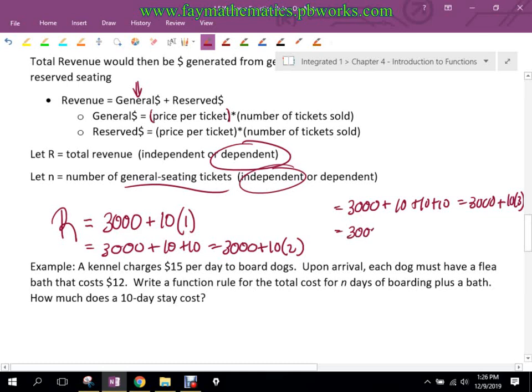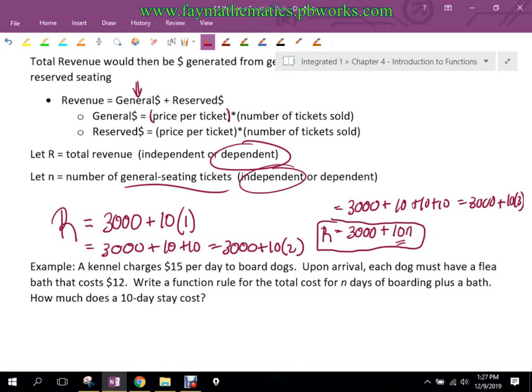It would be 3,000 plus 10 times how many I sell. Does that kind of make sense to everybody? So that's my revenue function for this particular situation. Okay, 3,000 plus 10N.